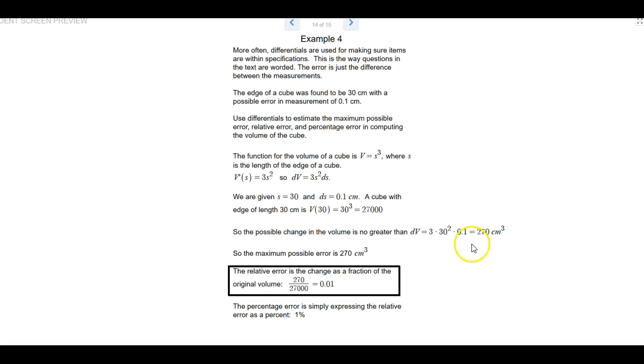So the relative error is this dv, the error that we found if we had an error of at most 0.1 centimeter in our measurement of the side, divided by the original volume. So that's 0.01. And then the percentage error is I just expressed that decimal as a percent, and that's 1%.